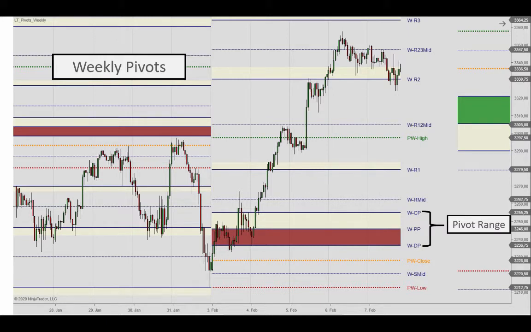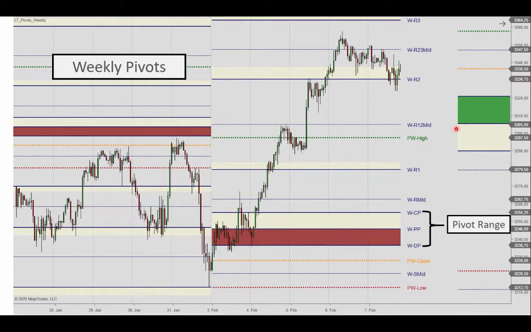And the directional pivot is taking the distance here from the main pivot and the central pivot, wrapping it in the direction of the weekly close in this case. So here we see the weekly close was near the weekly low, and so we get a red pivot range here indicating a bearish bias from the prior week here.